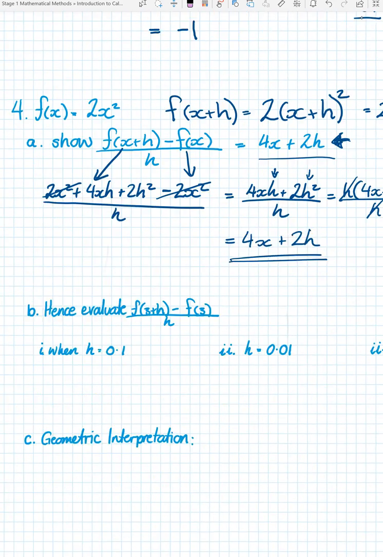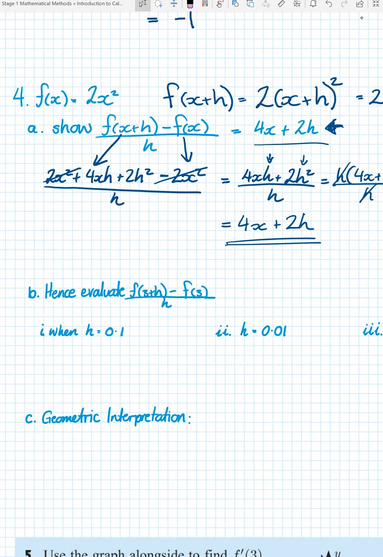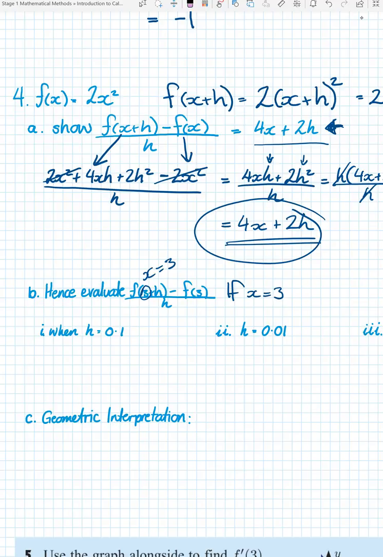So now we need to evaluate the function 3 plus h minus the function of 3 over h. So this is asking us to put x equals 3 into the expression that we've just found. So if x equals 3, 4x plus 2h equals 12 plus 2h, because 4 times 3 is 12.